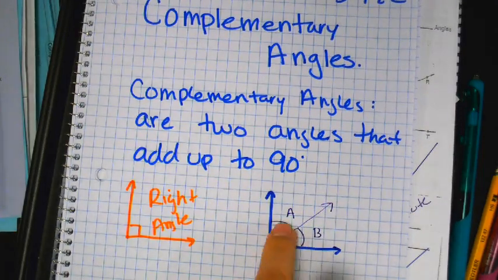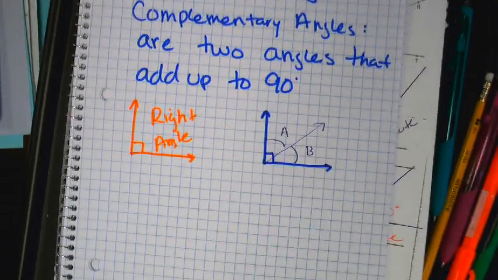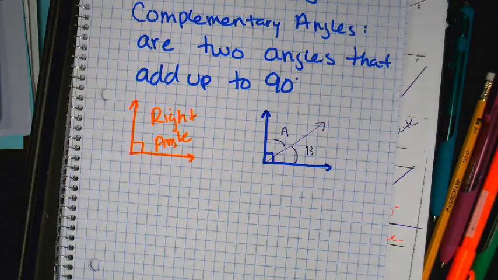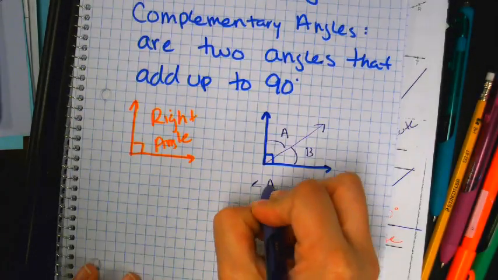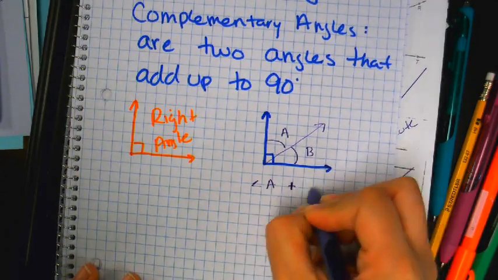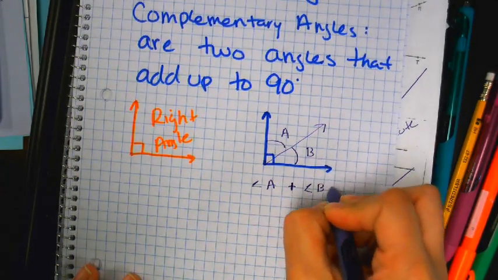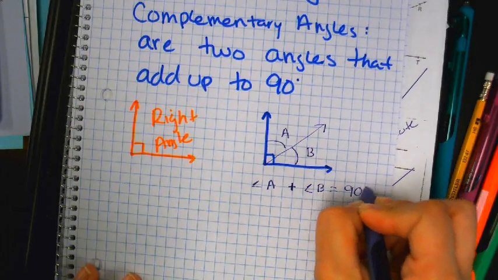When it's two of them that make up 90 degrees, we call that complementary. So angle A plus angle B is equal to 90 degrees.